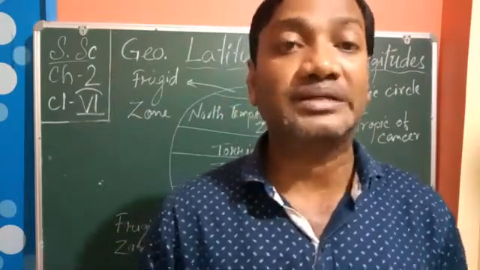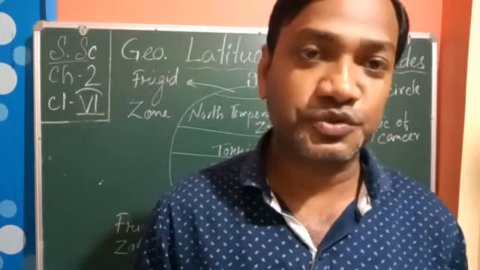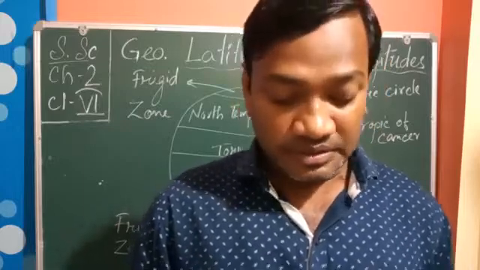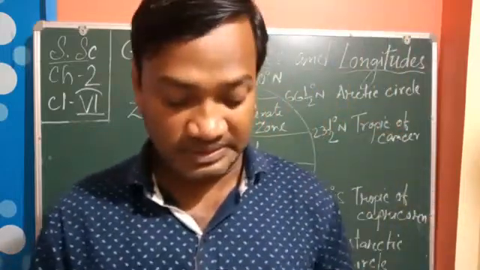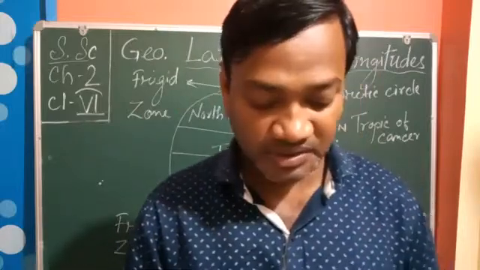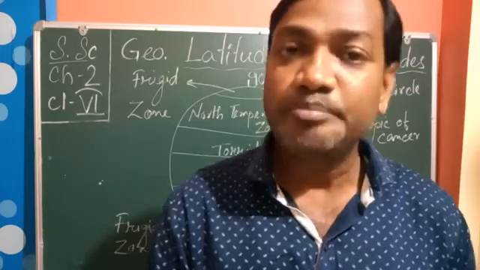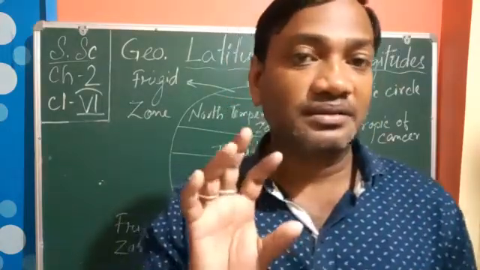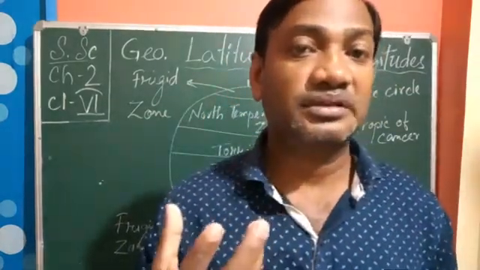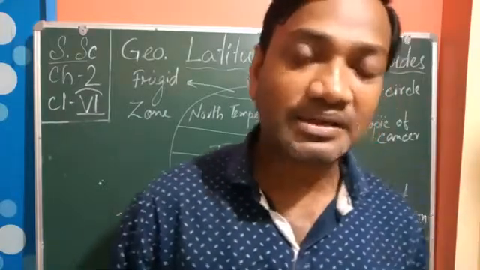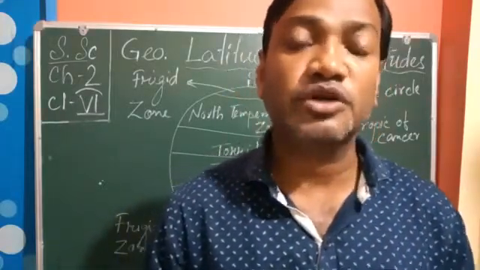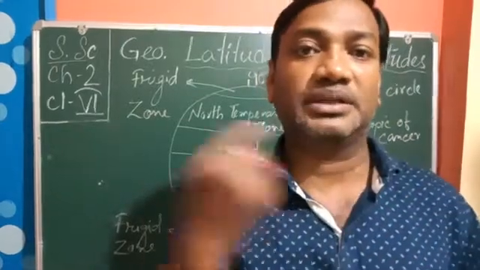Now today we will discuss the heat zones. All parts of the earth do not receive the same amount of heat from the sun. Why? Because when the earth revolves, it moves in an elliptical path. You can say it is not a complete circle, it is an elliptical path.